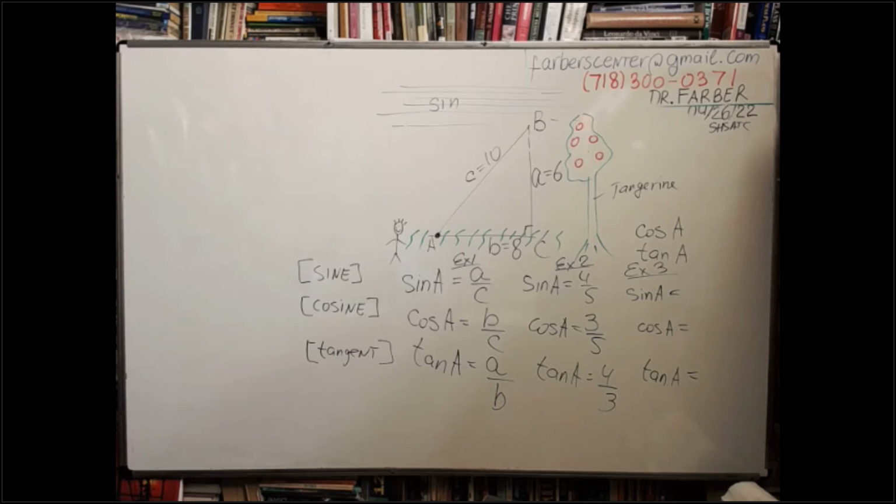Waiting for Daniel and the rest who did not send me yet. Simply sine, cosine, tangent. All numbers given here. A equals 6, B equals 8, C equals 10. Good luck. Keep in mind, sine is related to this side which goes to the sky.